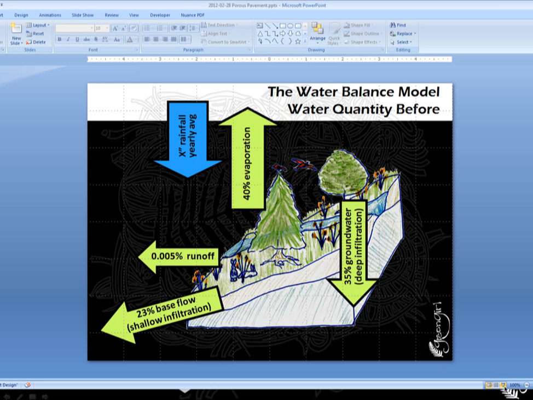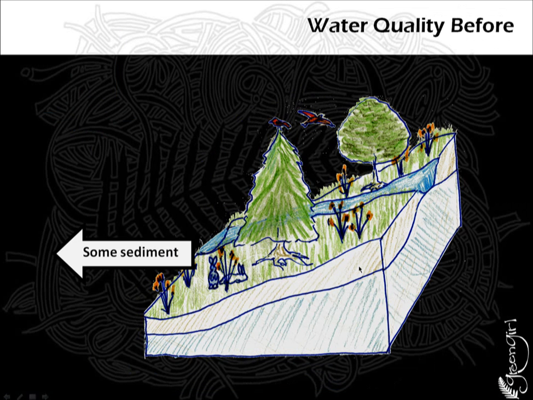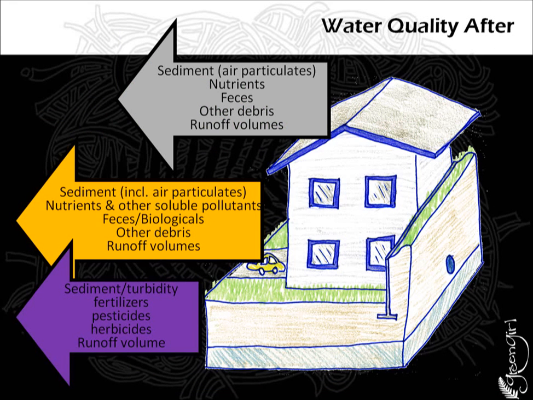Okay, so go back to our water balance model. All right. So water quality before, well, sediment is a natural system. Sediment transport is a natural process. So some sediment did move off of this site, but when we come in here and move all the dirt around and drive on it and do a lot of other things, we end up with a lot of other pollutants.